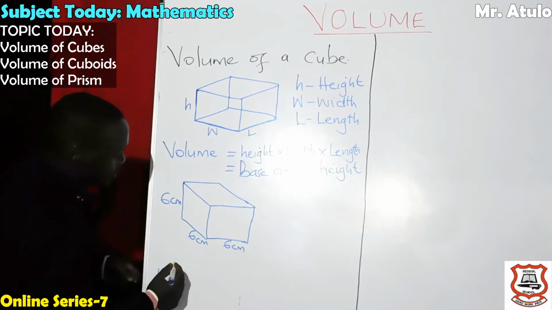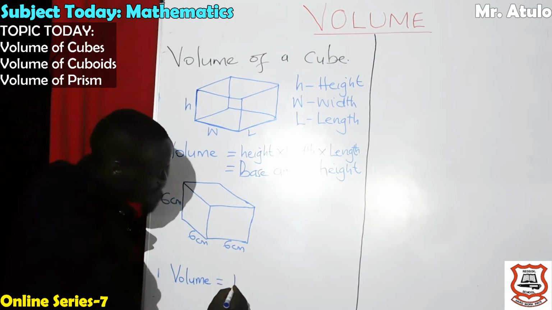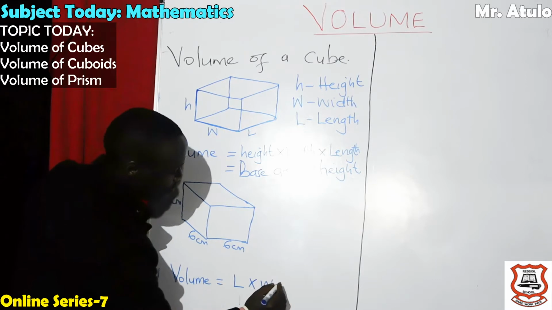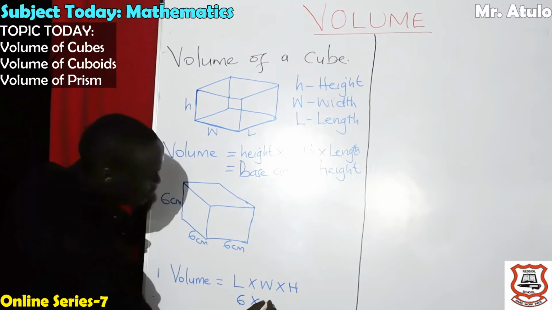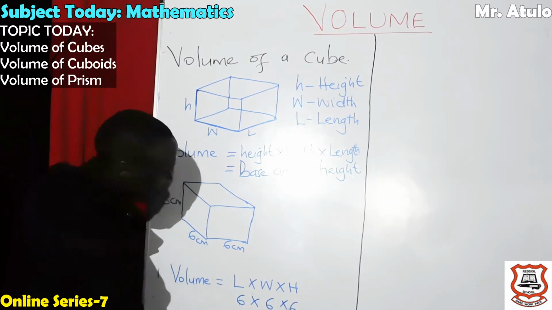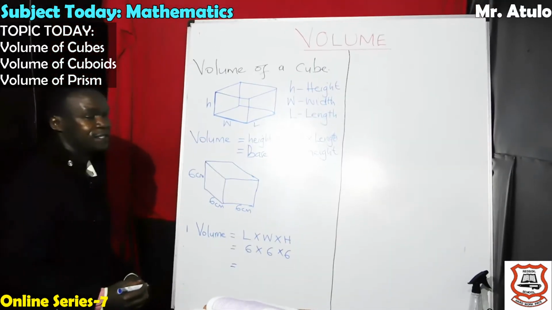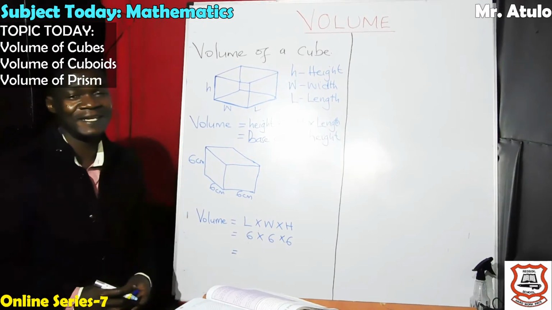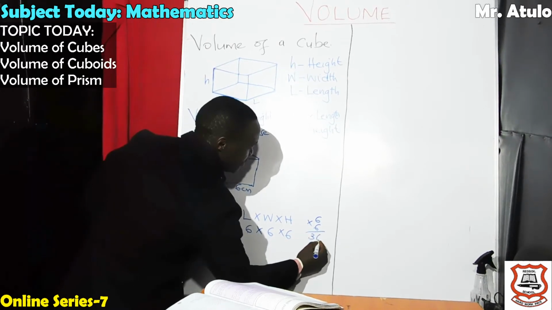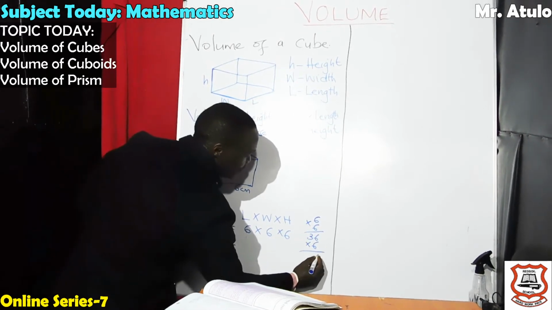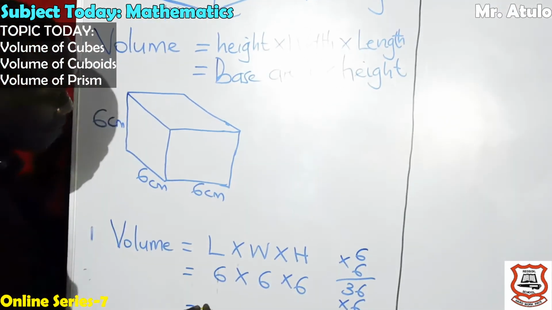So our volume will simply be, we write the formula, length times width times height, and the length is 6 times width 6, and then times height 6. 6 times 6 is 36. And then 36 times 6 is going to give you, this is 36, this is 18 plus 3 is 21.